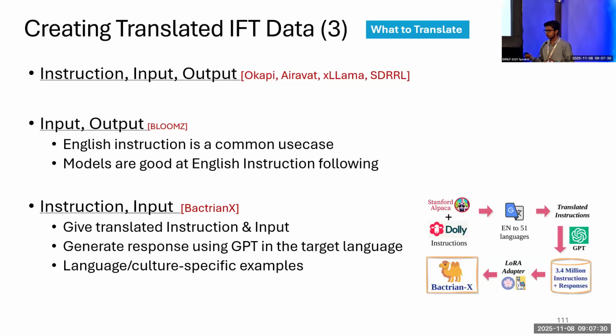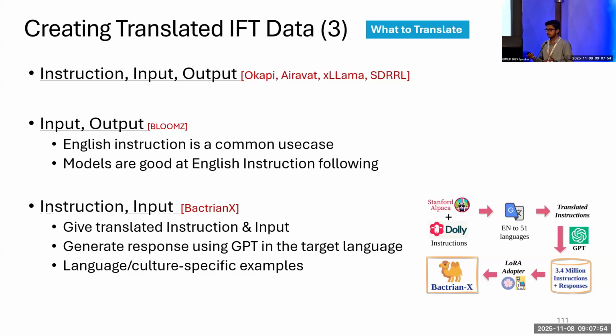So now that we saw which model to use and how we filter high quality examples, let's look at what to translate. So you could translate everything, right? You could translate instruction, input and output. You could also do the translation of input and output only and retain the English instruction. This is motivated because English instruction is a common use case, and since models are already good at English instruction following, why not retain the English instruction?